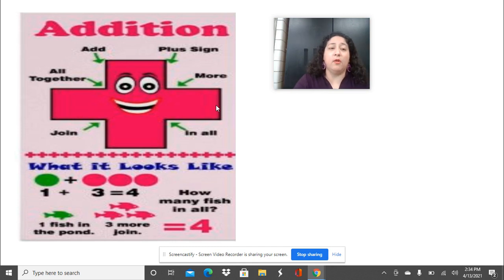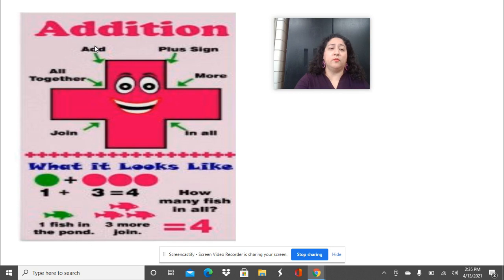Another word would be more. If I have 3 grapes and then I get 2 more, how many do I have in total? More means that you're adding again. So we're going to count them all together: 1, 2, 3, 4, 5. I have 5 grapes.